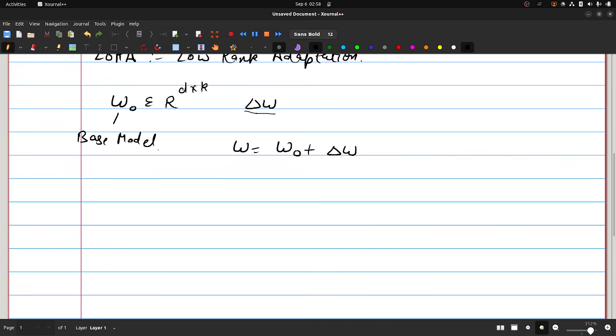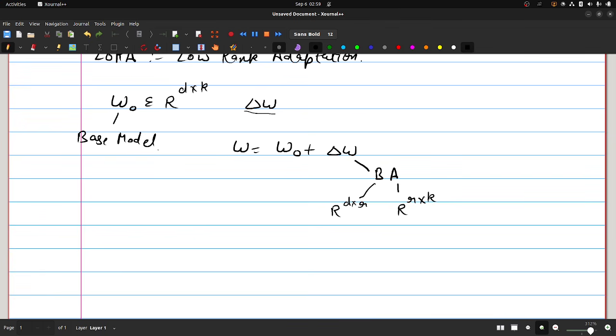The delta W consists of two small matrices which are called B and A. It is a product of two small matrices where A has a dimension of r cross k, and B has a dimension of d cross r, where r is the rank of the matrix.